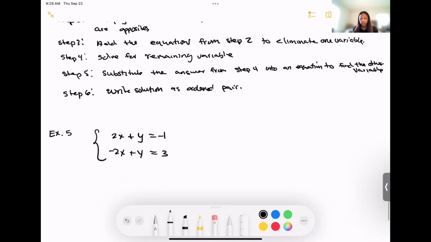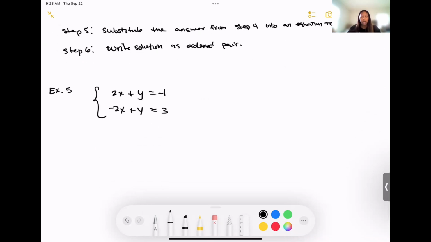All right, this one's beautifully set up for us. The equations are already in standard form. Also, the x's have opposite coefficients.